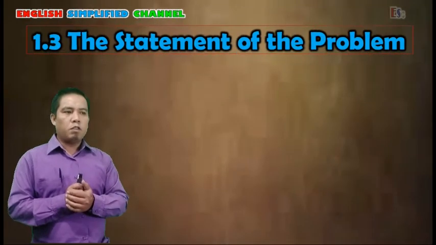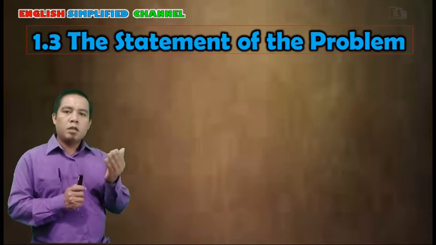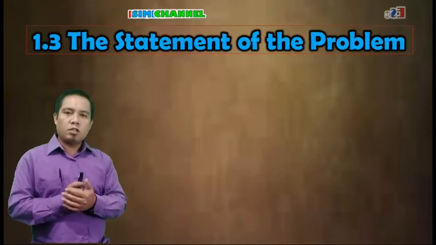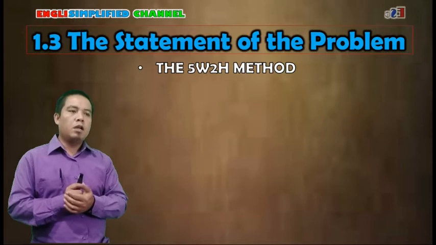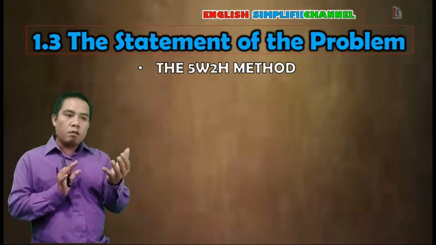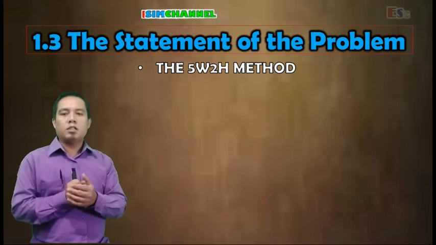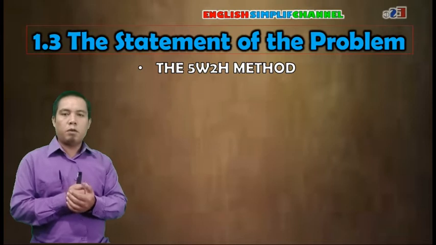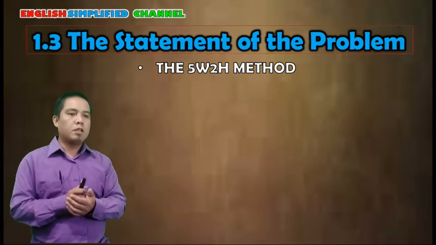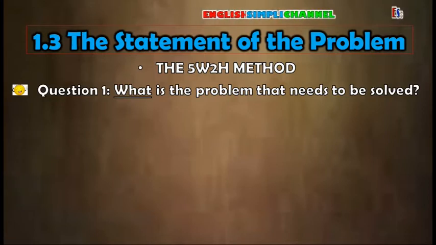The statement of the problem. In the statement of the problem, you just need to answer these 5 W to H questions. And if you have answered them, they will be the content of the statement of the problem. What are they? The first point is, what is the problem that needs to be solved?